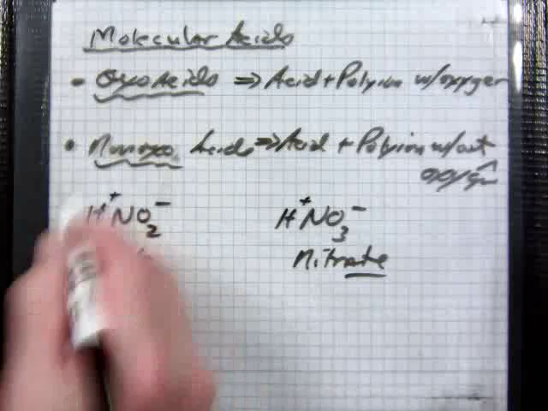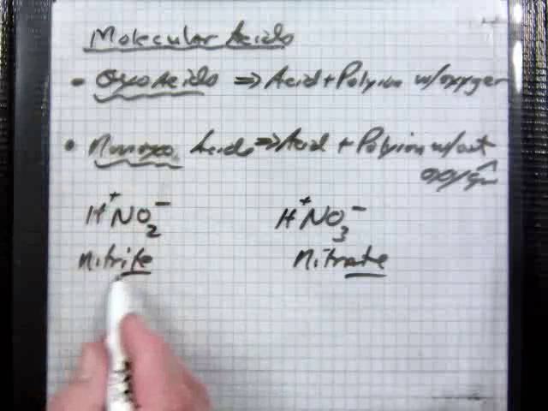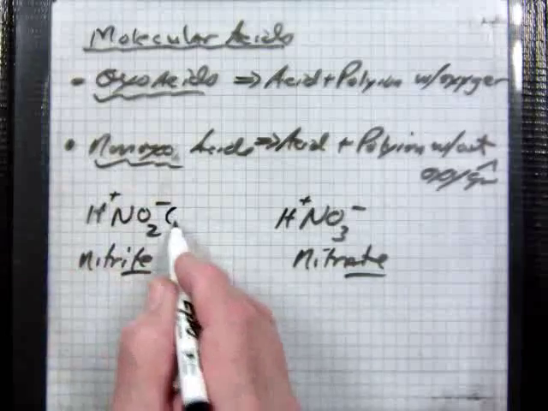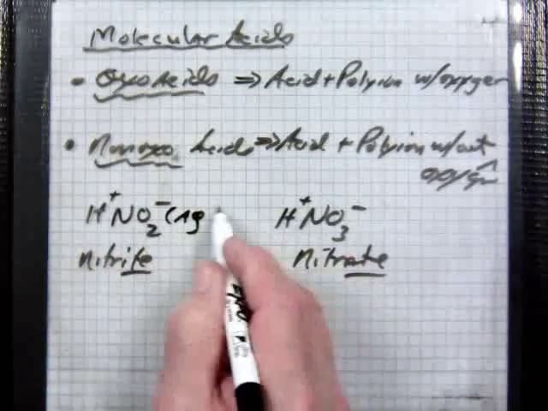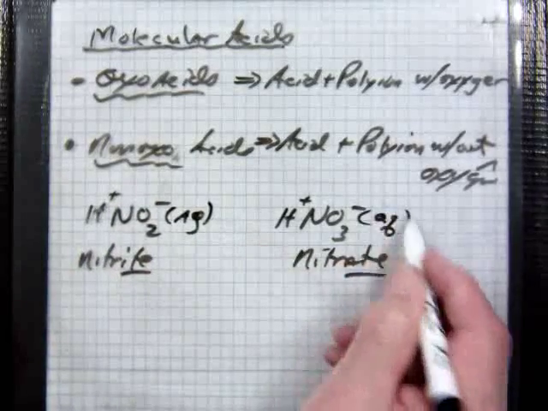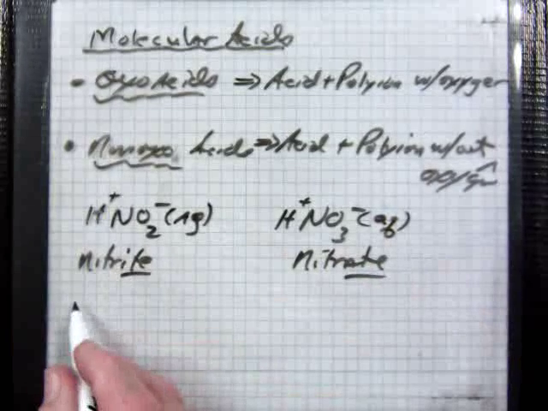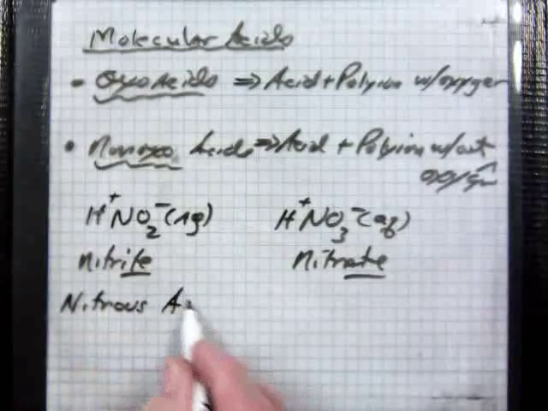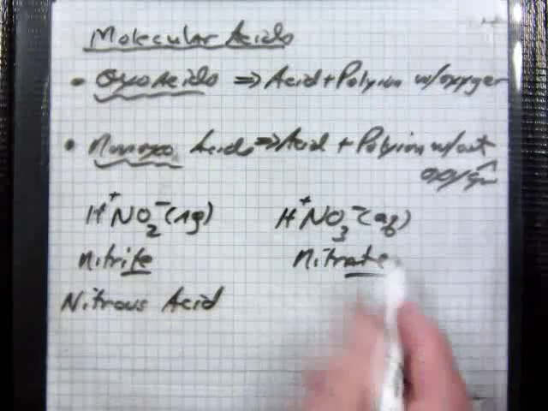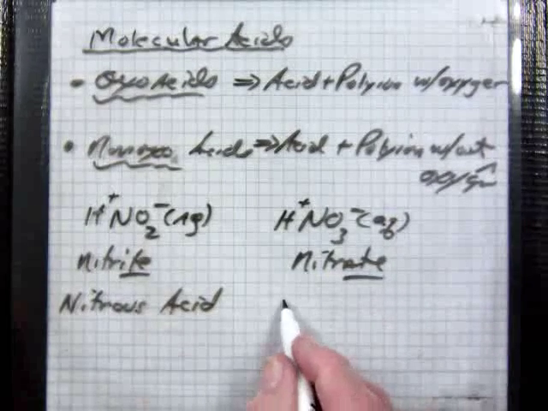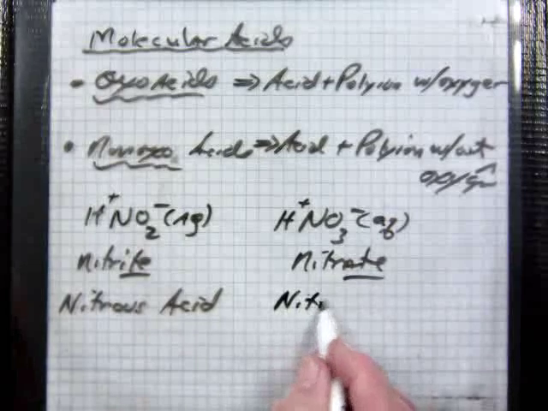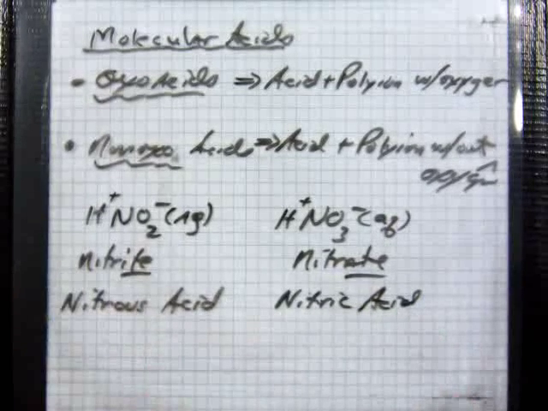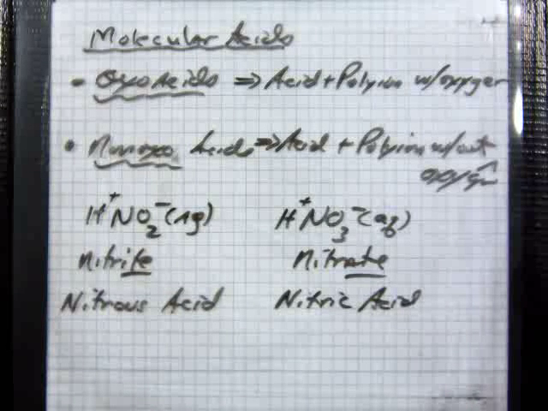So once I see this HNO2, I know that is a nitrite with a hydrogen. It becomes an acid, assuming aqueous. It becomes nitrous, and you tag it with acid. And ATE becomes IC acid. So that kind of shows you the progression of logic in the nomenclature here.